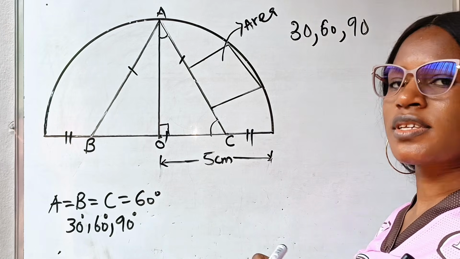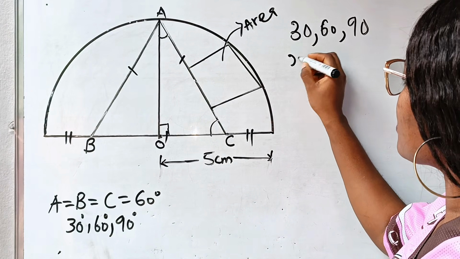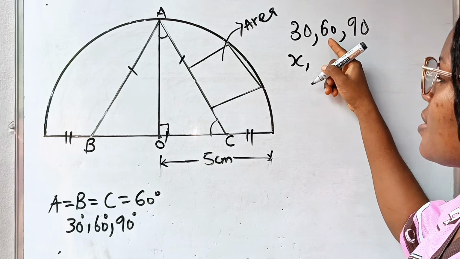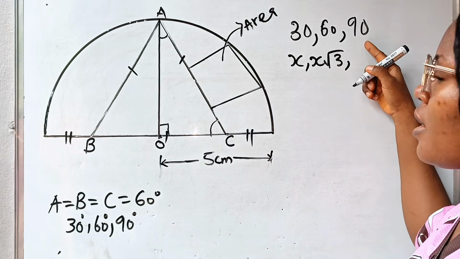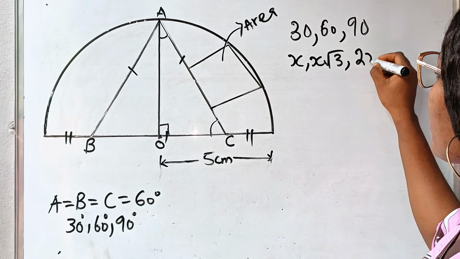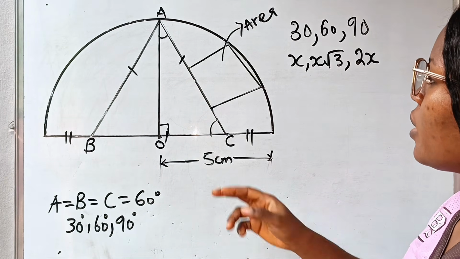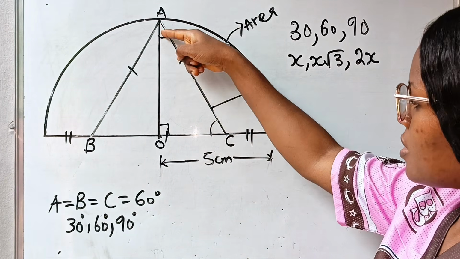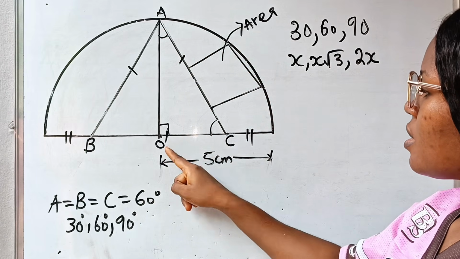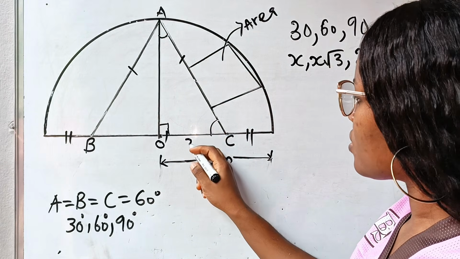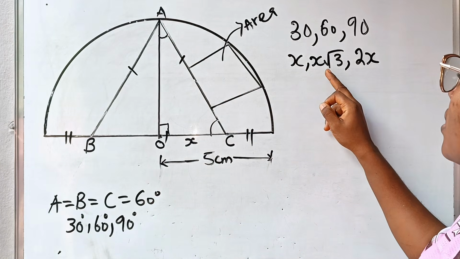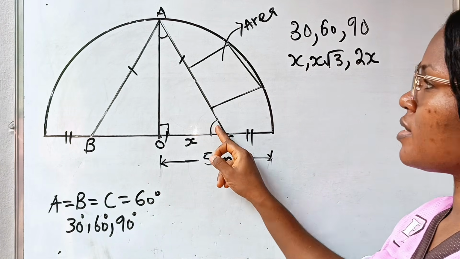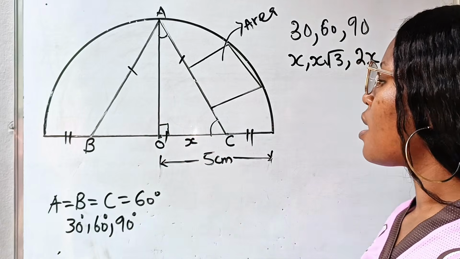The ratio of the sides is, if 30 is x, the side facing 60 will be x root 3, and the side facing 90 will be 2x. Okay, so looking at this, this is our 30. So let's call OC x in this case, right? So it means that OA should be x root 3. That is the side facing our 60 degrees.